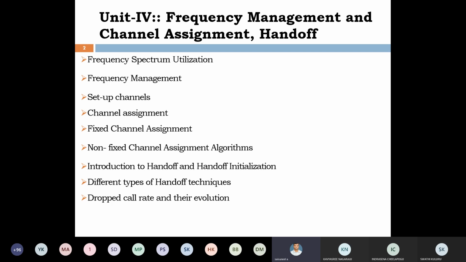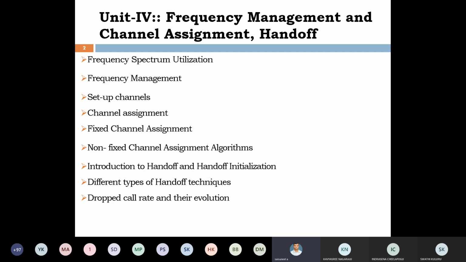Next one is frequency management, nothing but how to take the frequency spectrum, how to divide the channels, and once divided, how to give the numbering to the channels. Once the channels are given, what are the setup channels? We discussed the third topic. The fourth topic is channel assignment.